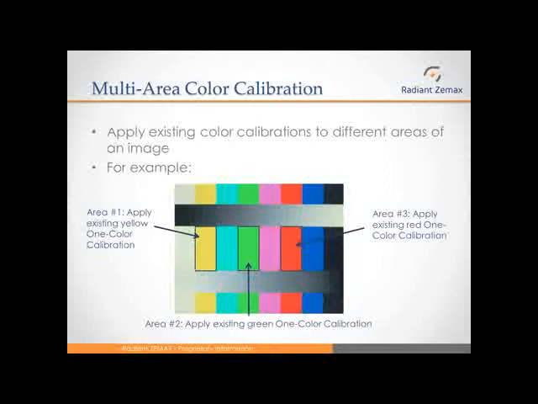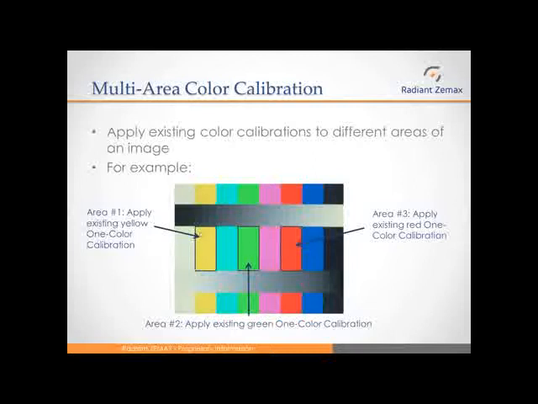The first is called a multi-area color calibration, and in this case you can define areas of the image for which to apply existing calibrations. So in this case we have existing yellow, green, and red one-color calibrations, and we are going to define areas and tell the software which calibrations to use.